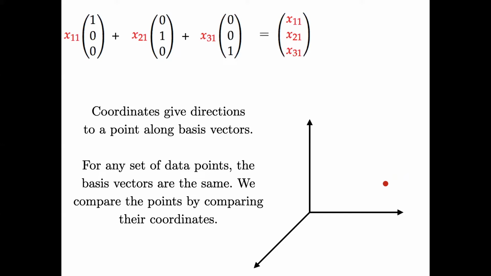So what we do is we compare the points by comparing their coordinates. None of this should be groundbreaking to you, but for instance here, x11 tells me how far I should go along that x direction. Typically we call that the x, the y, and the z, so I'm going to use that here. The x21 tells me how far to go along maybe the y direction. And then the x31 tells me how far to go in the z direction.